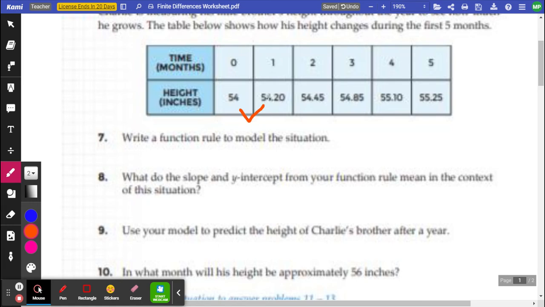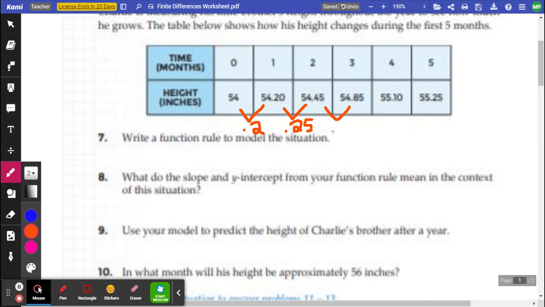So this is 54.2 minus 54, which gave us what? Yep. And then 54.45 minus 54.20, 0.25. This one minus this one.